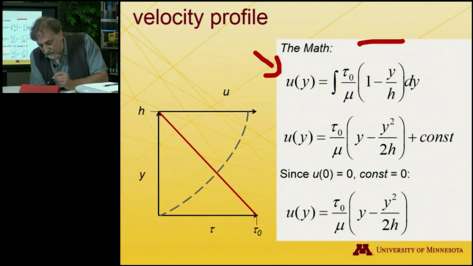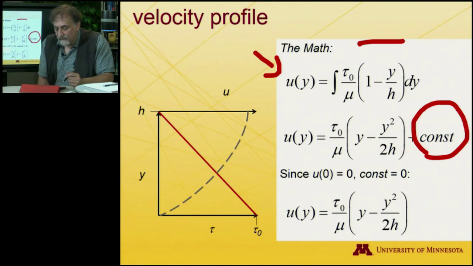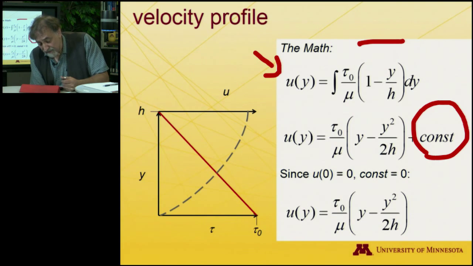The y over h integrates to y squared over 2h. And we have a constant. This constant represents the unknown anchor point that I mentioned last time that we have to set by specifying the velocity at some height. And we know that u of 0 is 0. That's the no-slip condition. So the constant in this case turns out to be 0 because this piece evaluates to 0 at y equals 0.